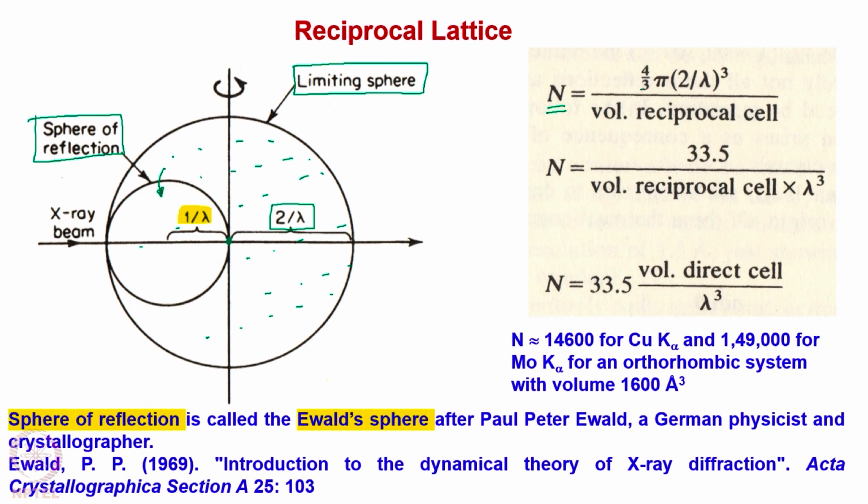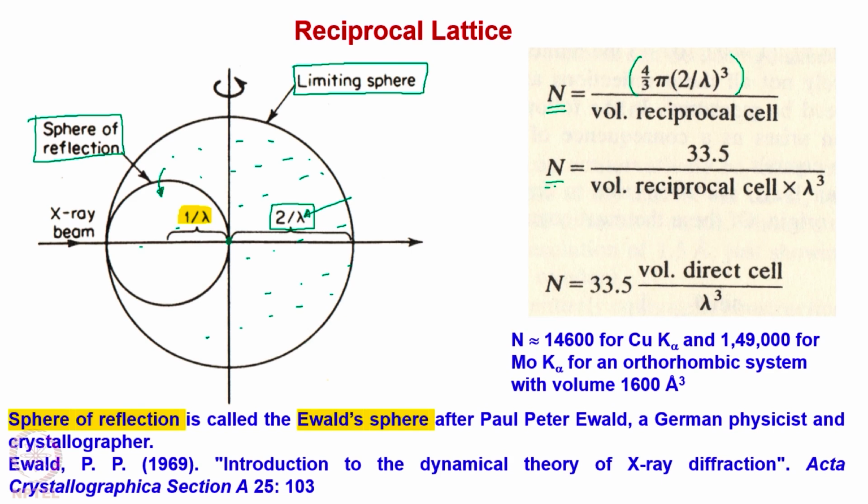That number can be calculated as 4/3 pi (2 by lambda) cubed. 2 by lambda is the diameter of this particular limiting sphere. So whatever reflections fall within this limiting sphere of this volume can be recorded, and one can get the data for those reciprocal lattice points.